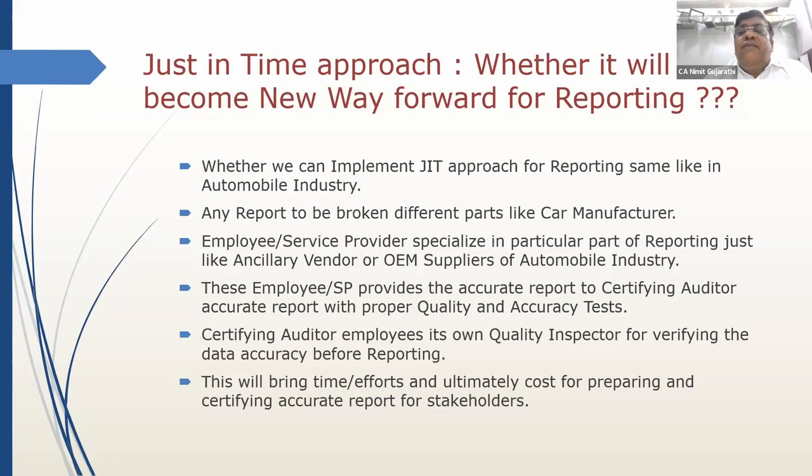Now, we are well versed with the just-in-time system introduced by car manufacturers way back in the 1950s and 60s, where different parts were manufactured by various vendors and brought to the manufacturer's assembly line just before the assembly of a particular car.